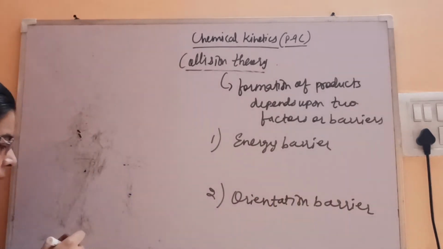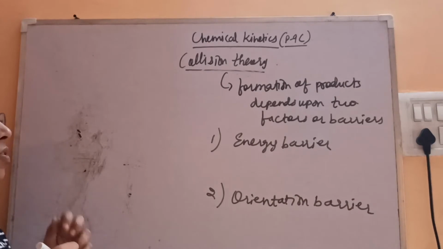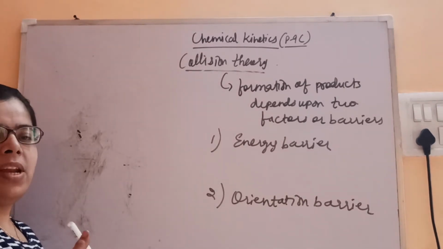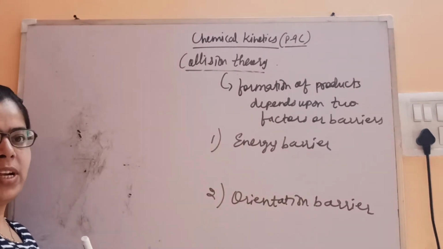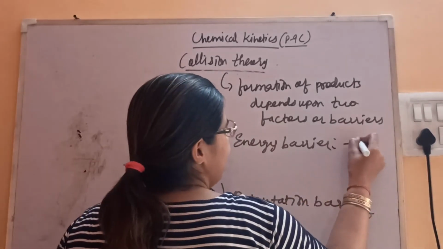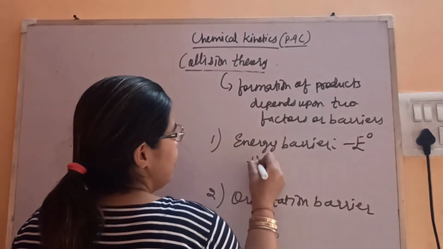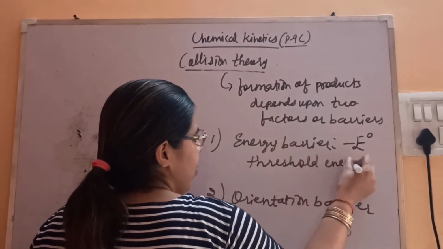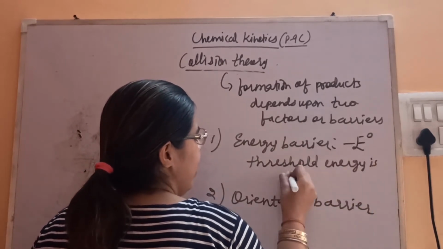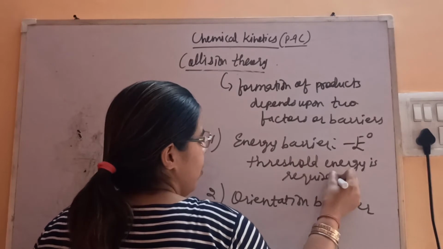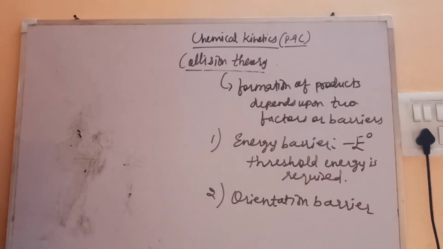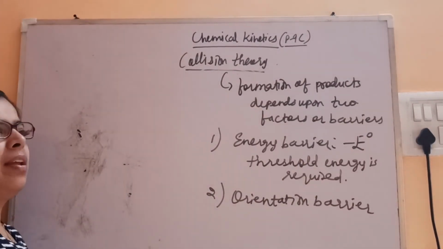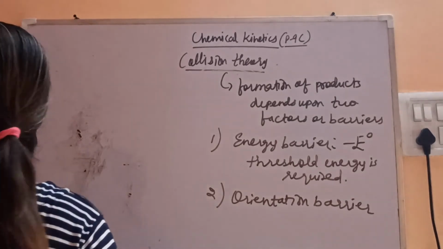Now, what is energy barrier? That we have seen in terms of minimum energy required for the formation of the product. In terms of E naught, that is threshold energy. Energy is required, then only the product will form.